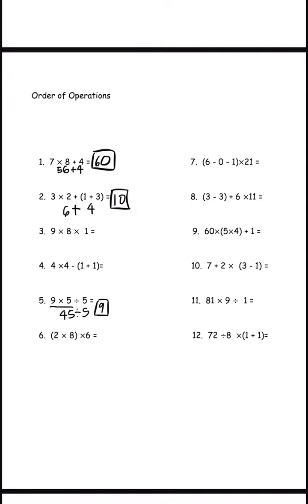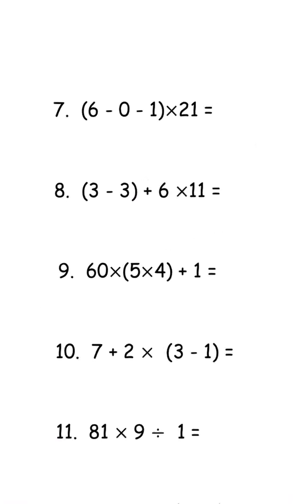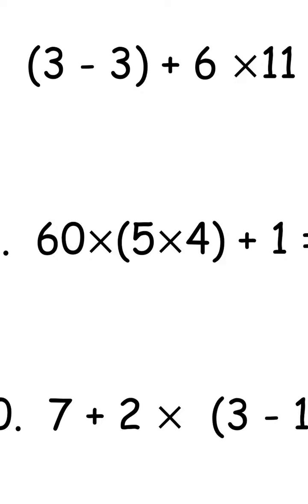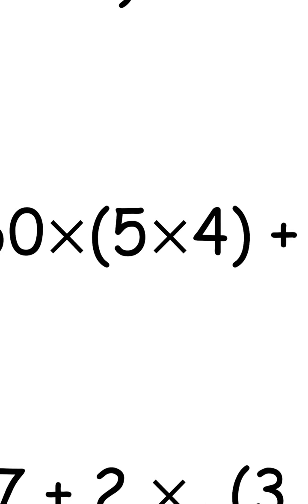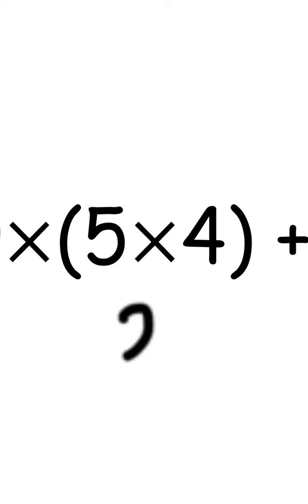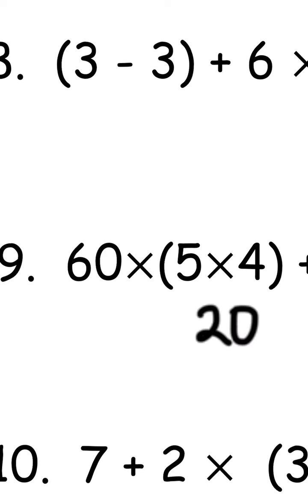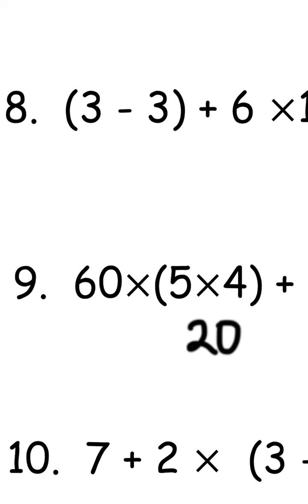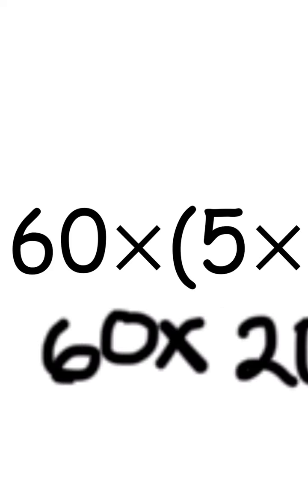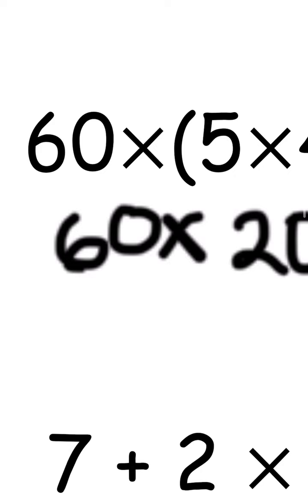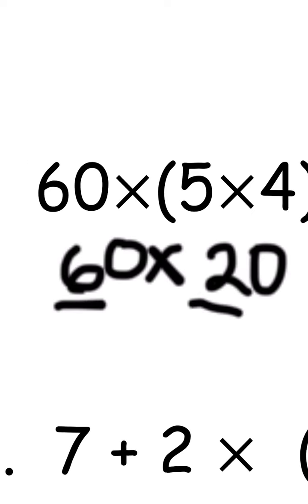Let's look at number 9. For number 9, we need to first multiply the numbers that are inside the parentheses, which is 20. And then we need to multiply 20 and 60. So we can just multiply 6 and 2, and then later add 2 zeros.